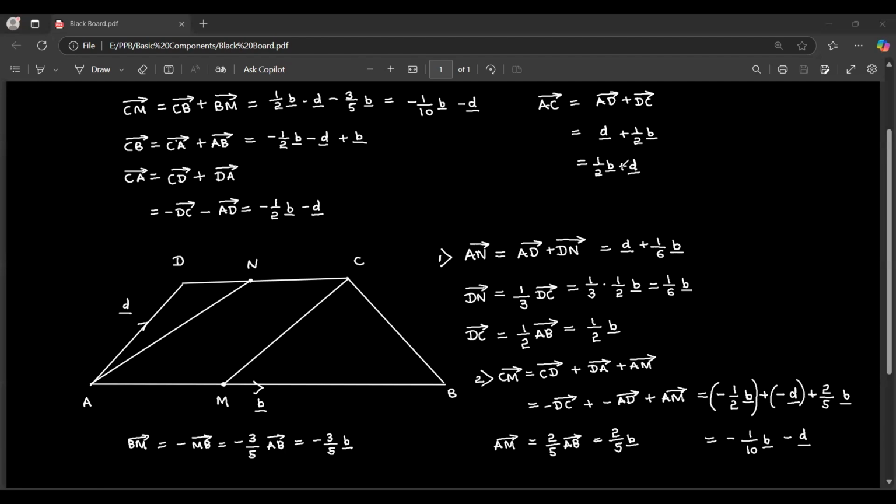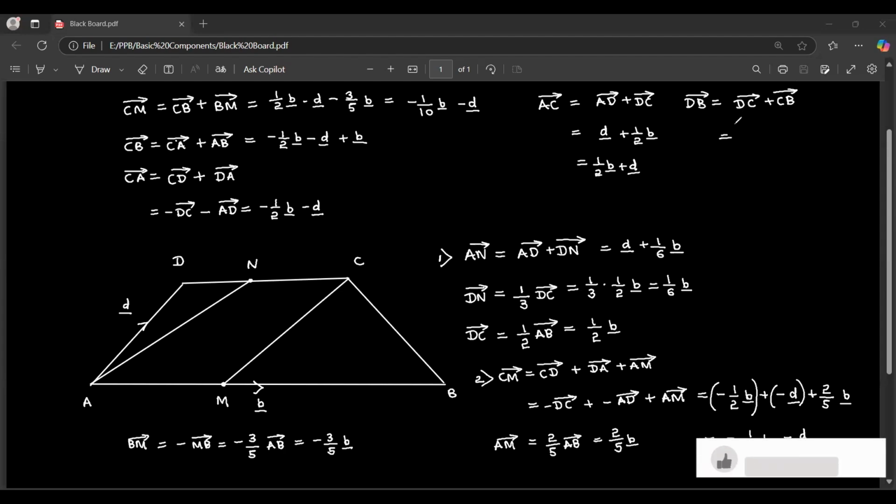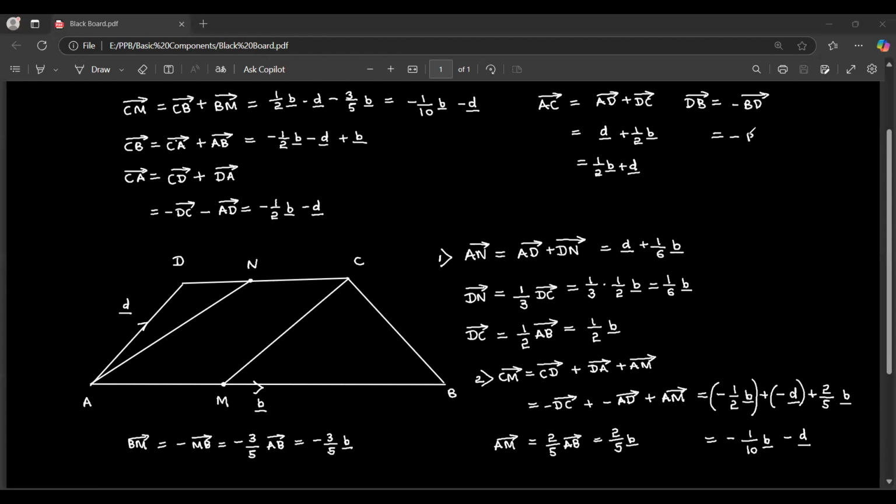Then we had to find, I think, DB. It's easy to find BD actually. So we'll just do BD. We know BD is equal to BA plus AD.